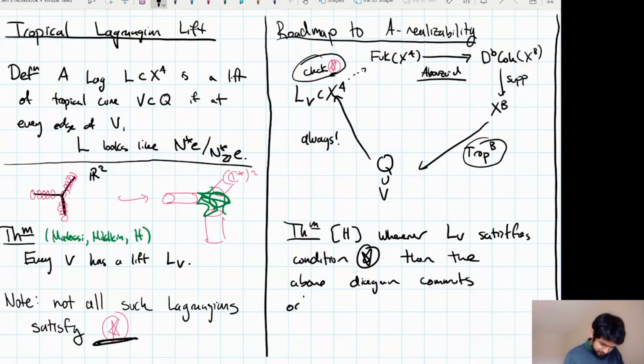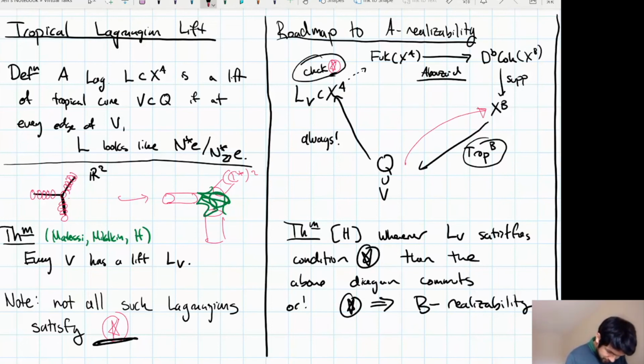Or you can say condition star implies B realizability. Recall that this B realizability was trying to build a lift on the algebraic side, and this says that you build a lift instead by going all the way to symplectic geometry, passing across and coming back. So the existence of this arrow is the existence of this check.